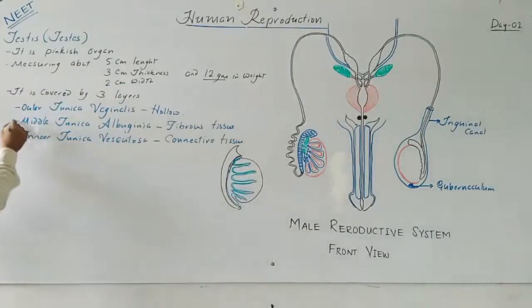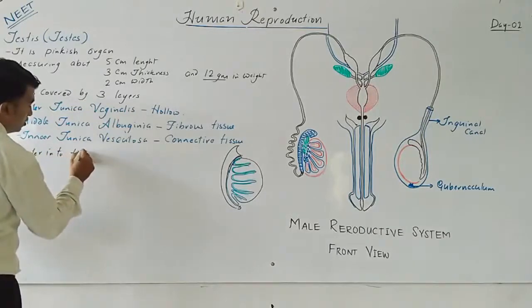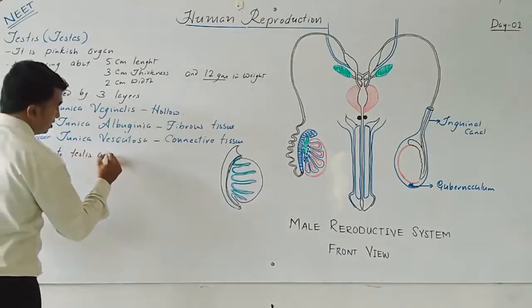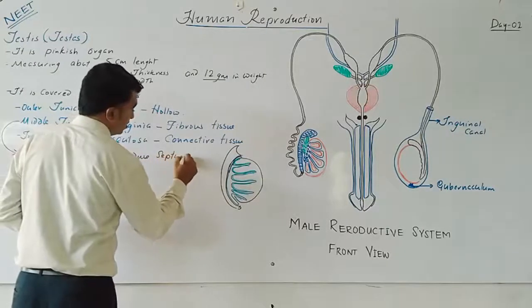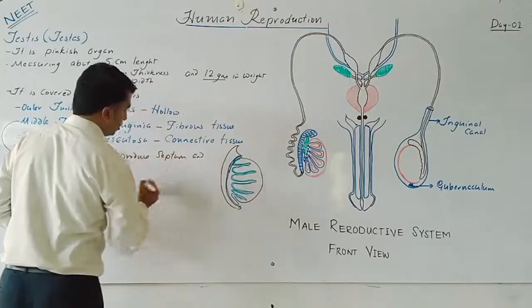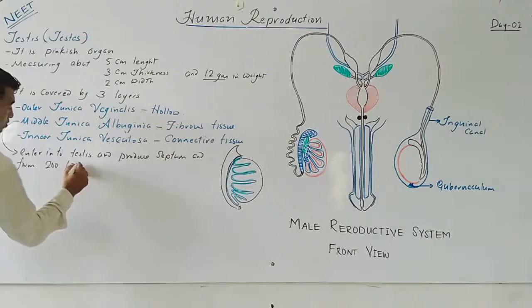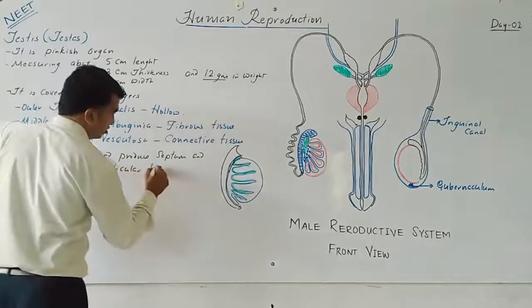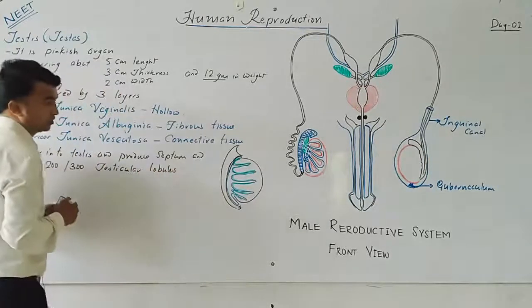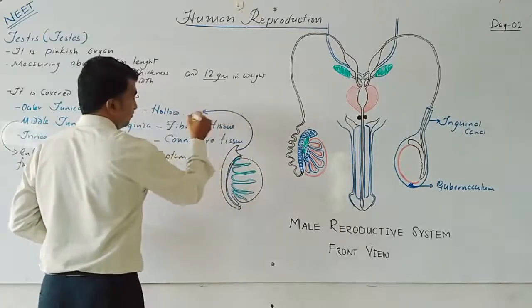So the tunica albuginea, the second layer, enters into the testis and produces septa and forms 200 to 300 testicular lobules. So this outer layer is the tunica vaginalis.